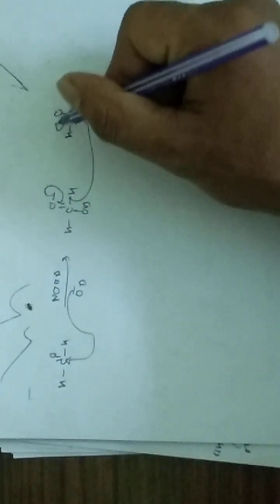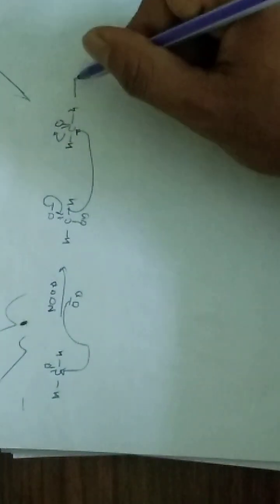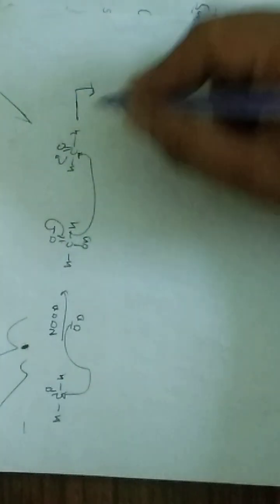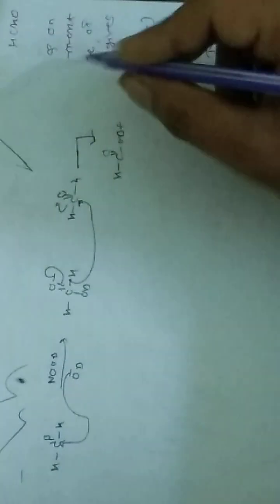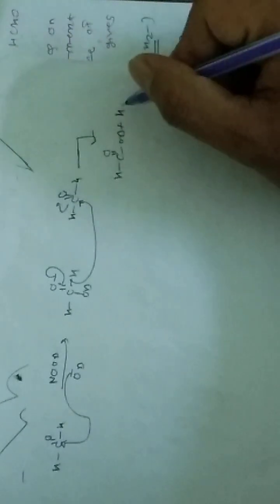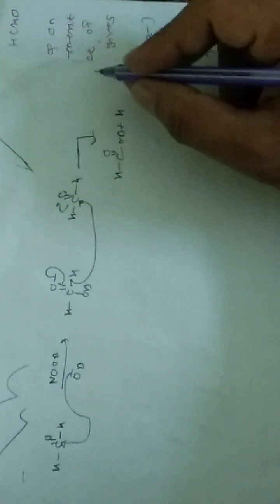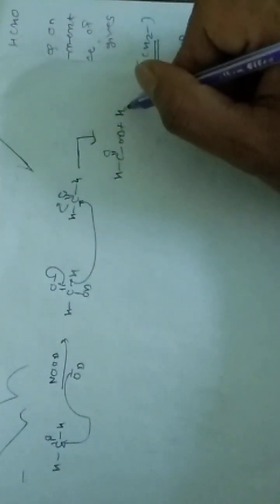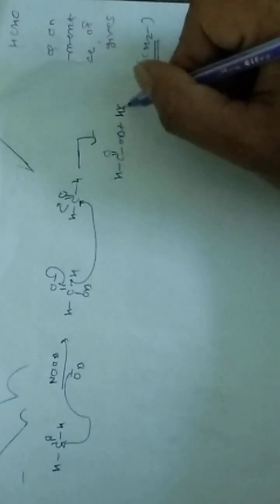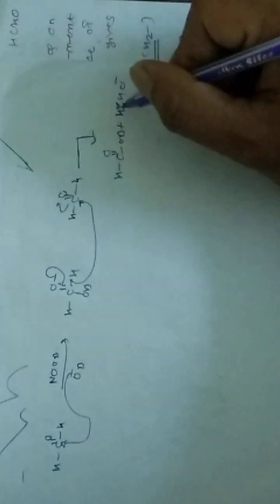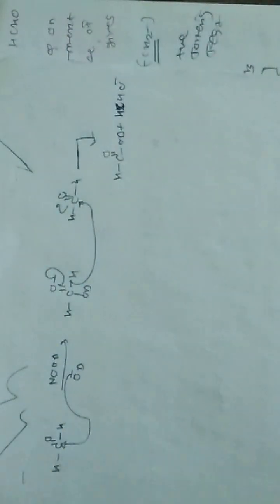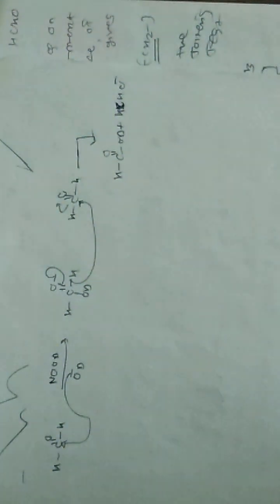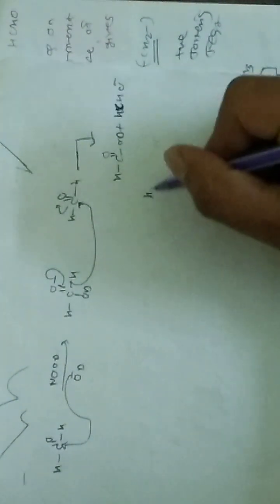This hydride attacks here, this bond will open. Now here H C double bond O, OD, and here HCH O minus, and this O minus will take the acidic deuterium.